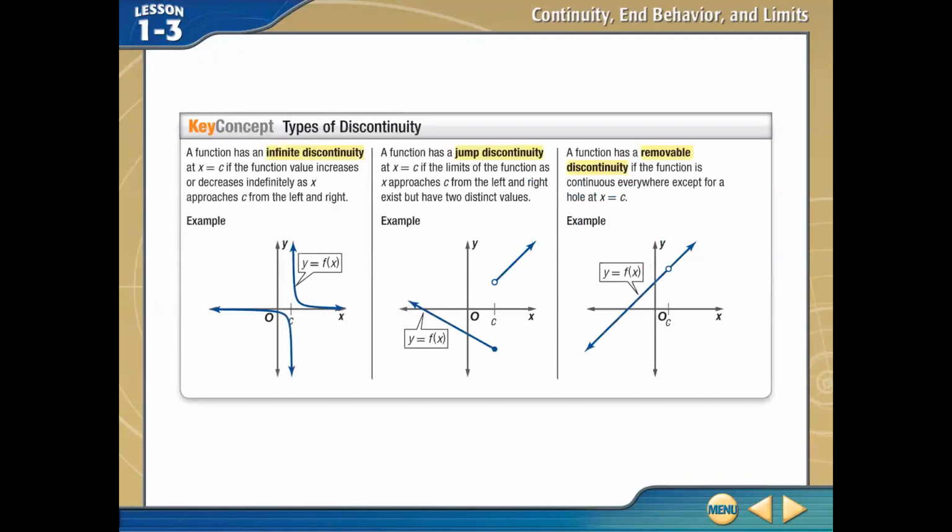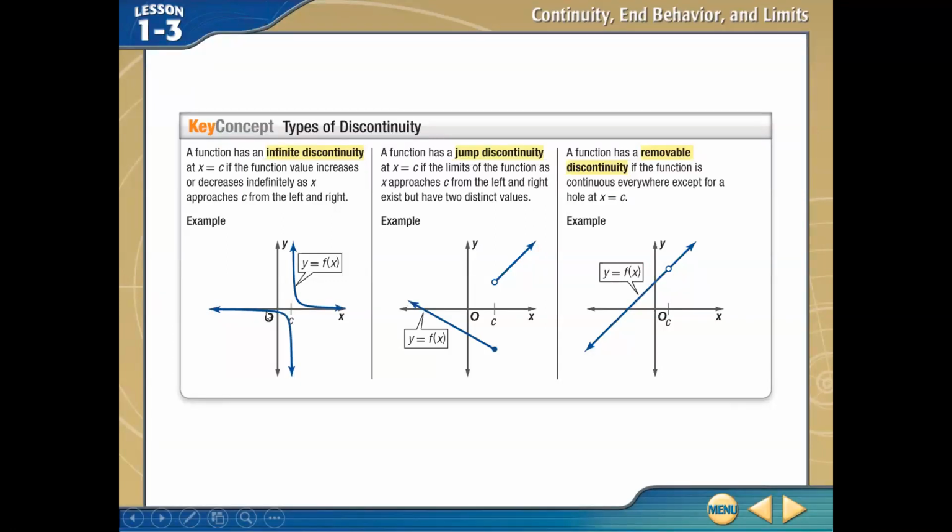Now we have the types of discontinuity. Okay, a function has an infinite discontinuity at x equals c if the function value increases or decreases indefinitely as x approaches c from the left to the right. So here, to describe this infinite discontinuity, we would have the limit of f of x as x approaches c minus.